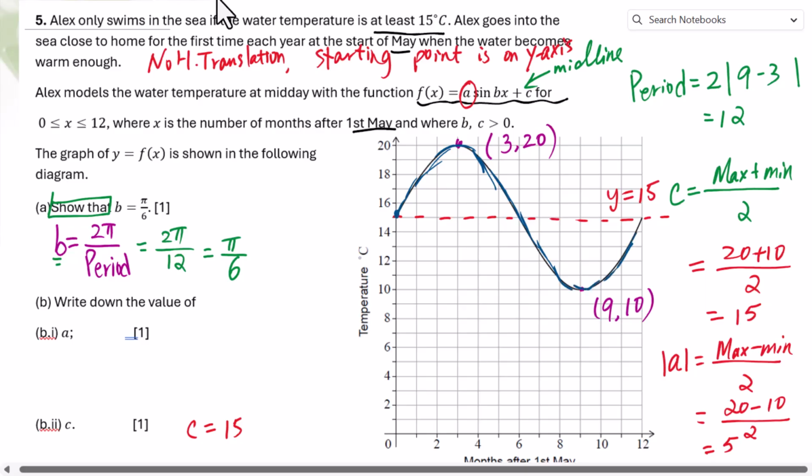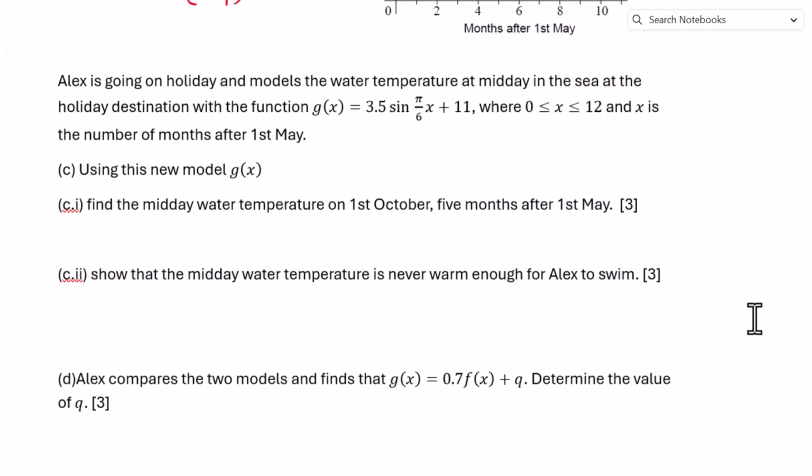You could say it's a positive sin x, so this a is positive. a = 5.